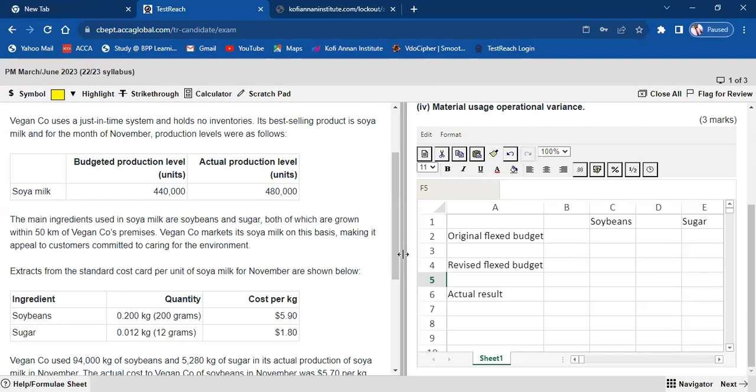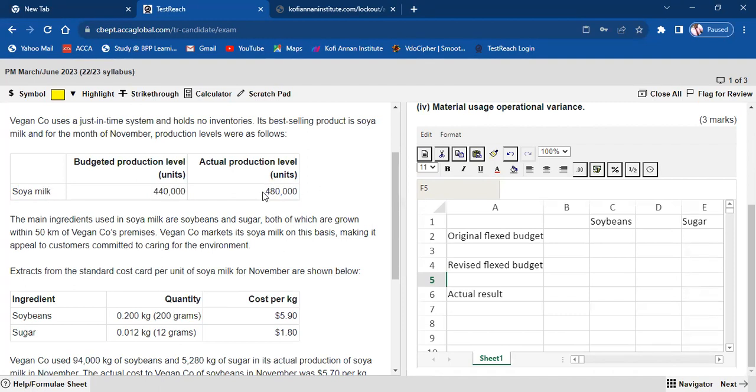Its best-selling product is soya milk, and for the month of November, production levels were as follows. Budgeted to produce 440,000 units of the soya milk, but ended up producing 480,000.